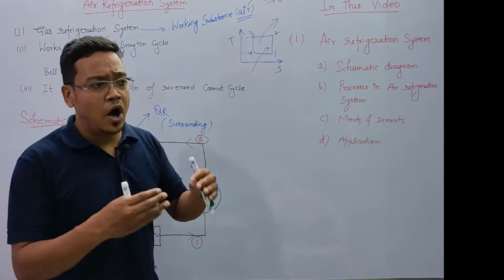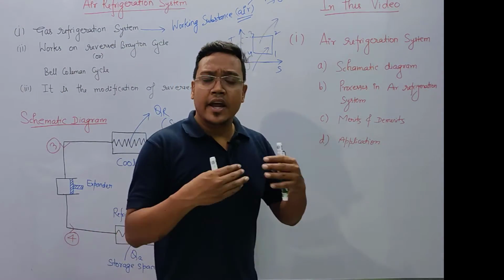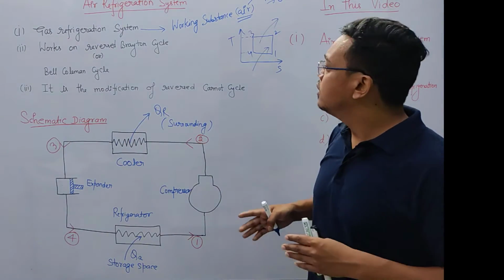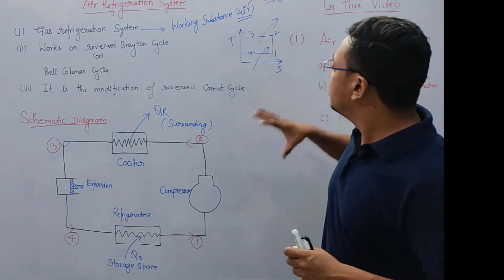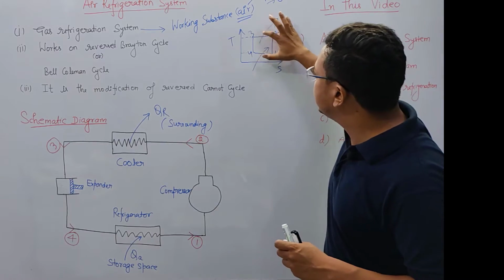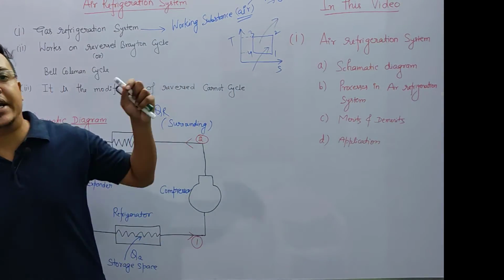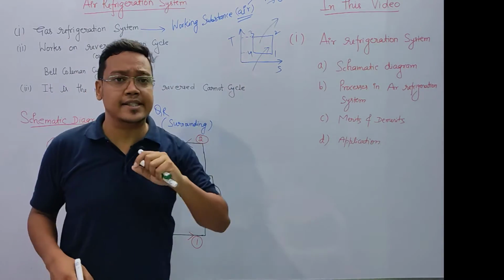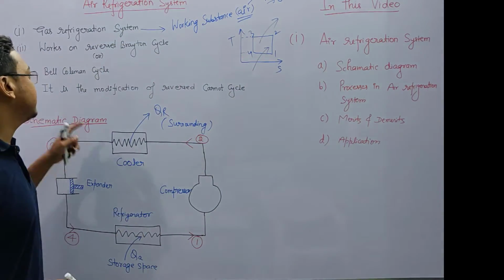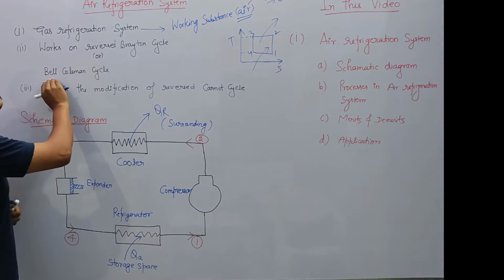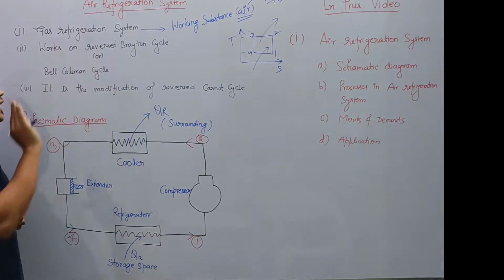Okay friends, now in air refrigeration system some modification has been done. Why? Because to overcome the limitations that Carnot cycle has, those limitations have been overcome by Bell-Coleman or reverse Brayton cycle.